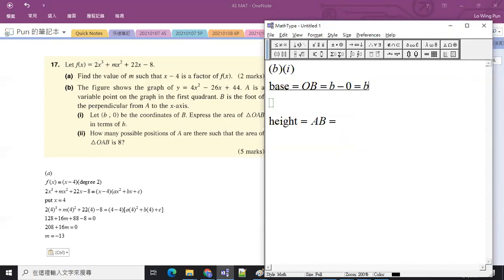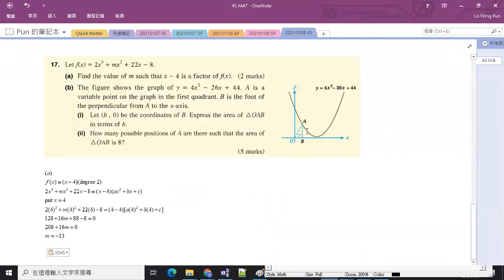But how about the height, AB? AB is a vertical straight line. So we need to find the y coordinates of point A. Okay, but what is the x coordinates of point A? Because AB is vertical, so their x coordinates should be equal to each other.